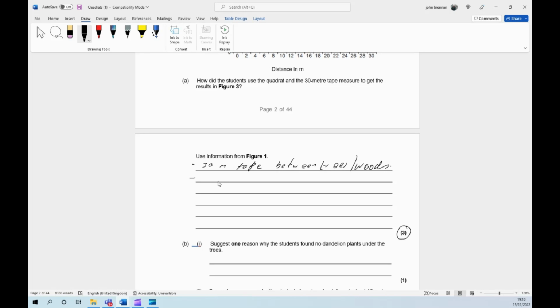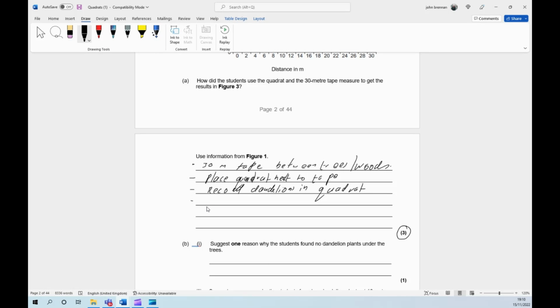The next thing that they're doing, and you've seen it in figure 1, is they are placing the quadrat next to the tape. They are recording the number of dandelions in the quadrat.